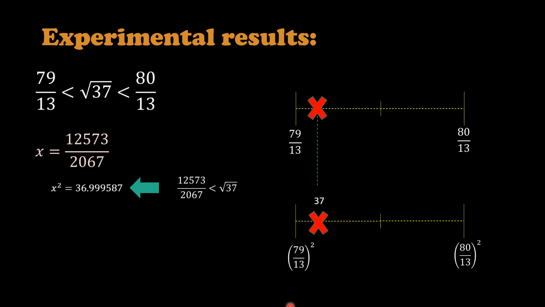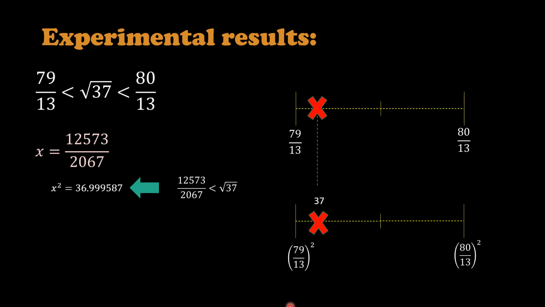Let me pause here to say that in the course of coming up with this, I tried out this method for a whole bunch of different square roots. Every single time I ran through this and did this little computation with the number lines to work out my next guess, I always ended up with a number smaller than the square root.